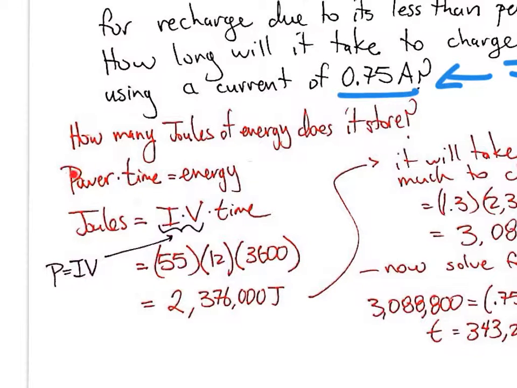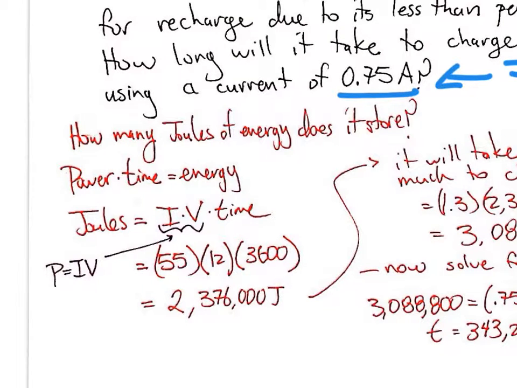We know that energy is power times time, so joules, our energy, will be power, current times voltage, and then times time. I have a current of 55 amps, a voltage of 12 volts, and it told us that it would do that for 1 hour, meaning 3,600 seconds.